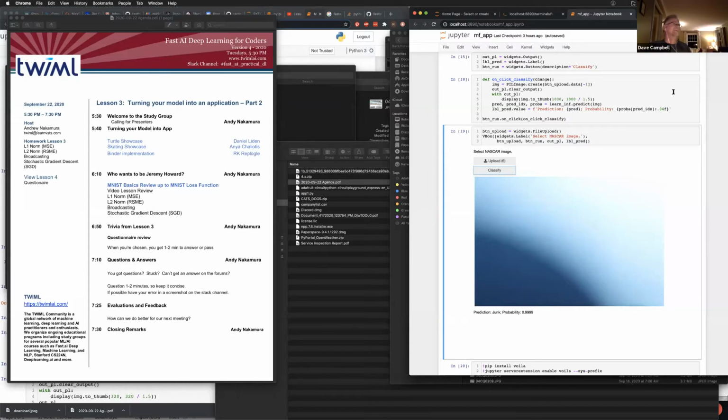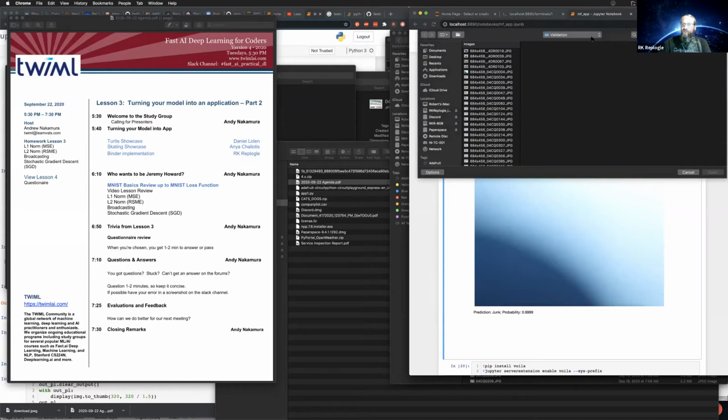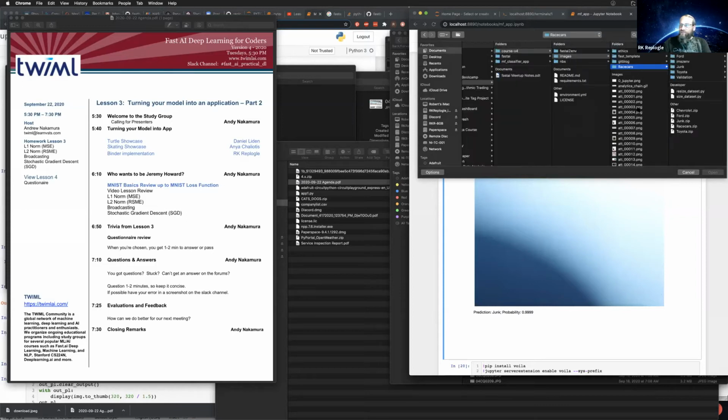Exactly. So did you also go through and remove pictures that you thought were too similar? I did not, because the progression around the track, they are very similar.